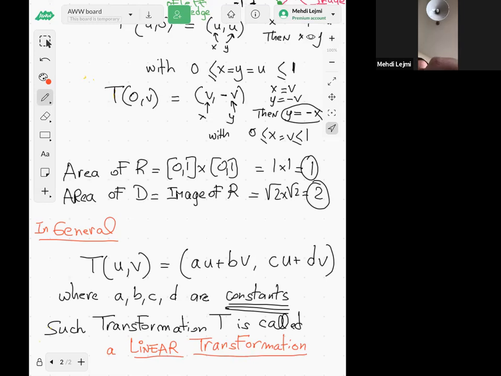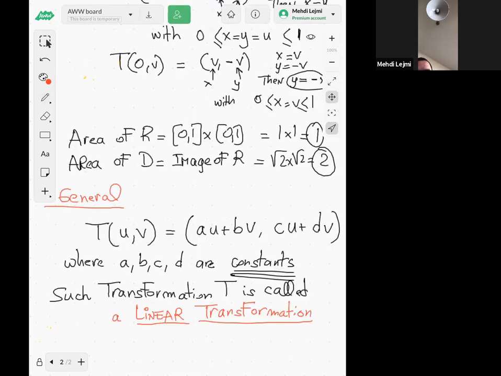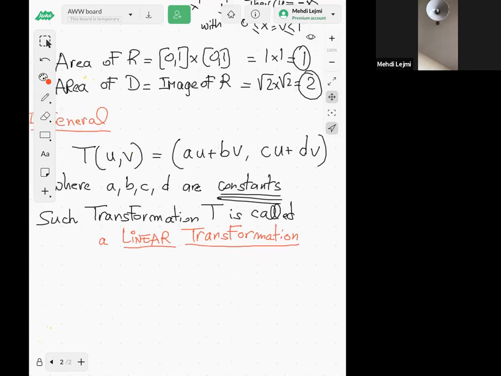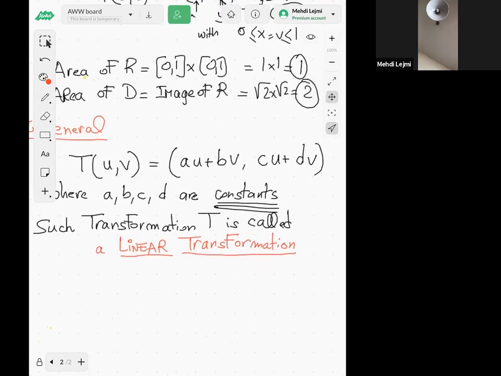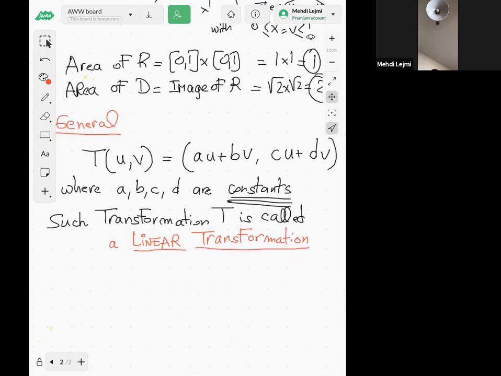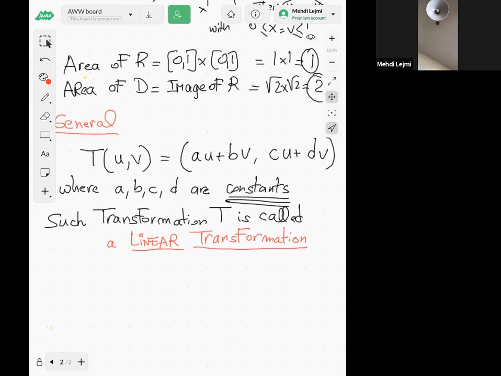Again, you're multiplying u by some constant plus another constant times v, right? So that's what we call linear transformations.